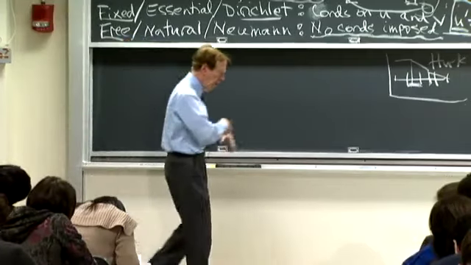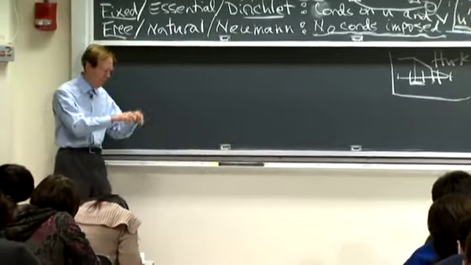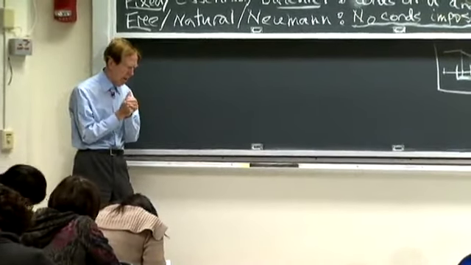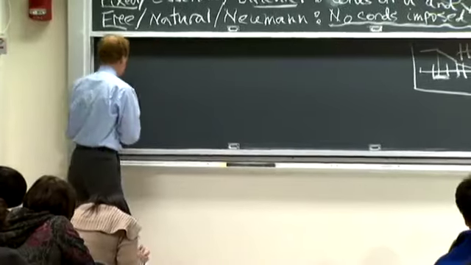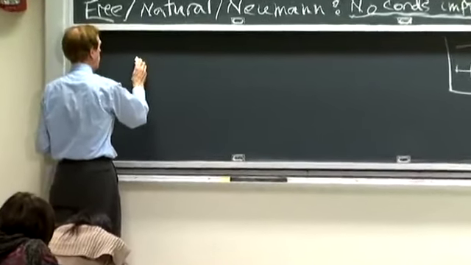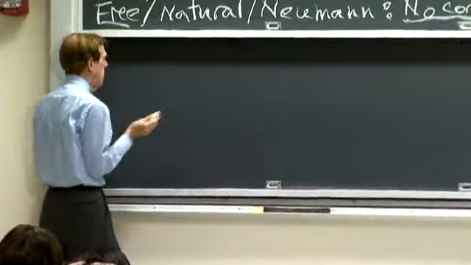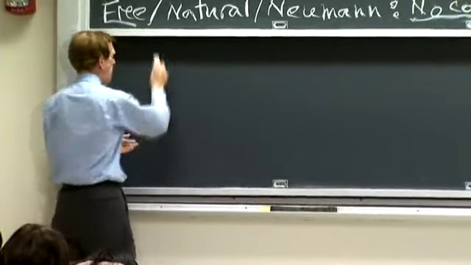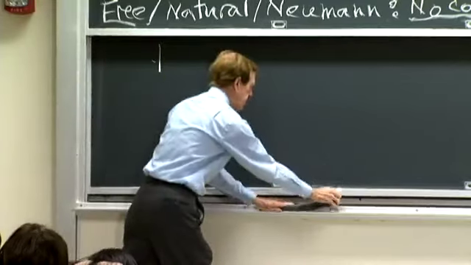For lots and lots of applications, for a function on a region, let's say in the plane, what physical example shall I pick now? Maybe I'll let U be the temperature.